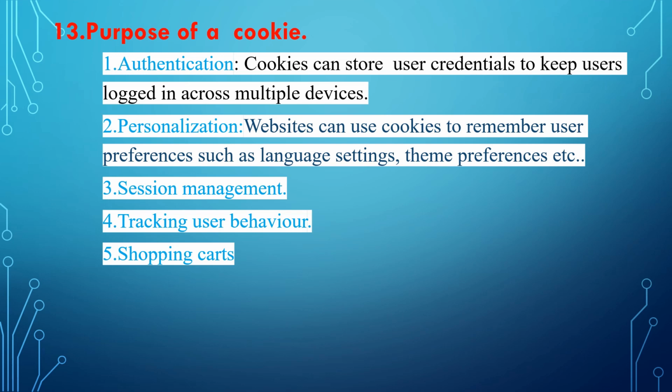Websites can use cookies to remember user preferences such as language settings, theme preferences, and so on. Then session management, tracking user behavior, and storing shopping cart contents. So these are some of the purposes of a cookie.